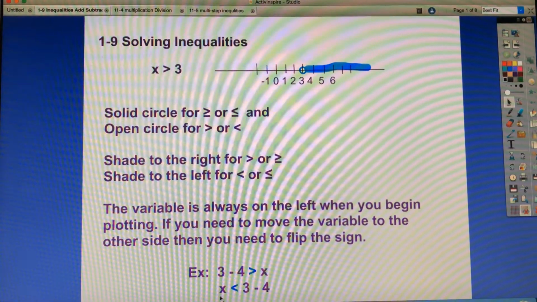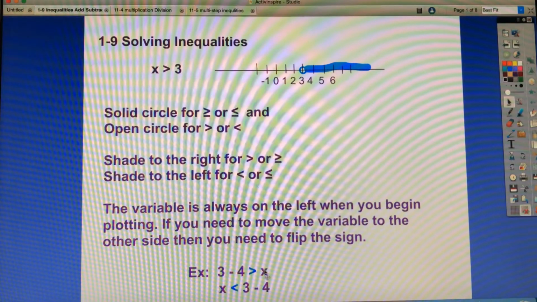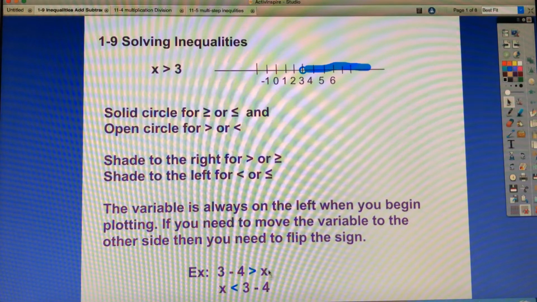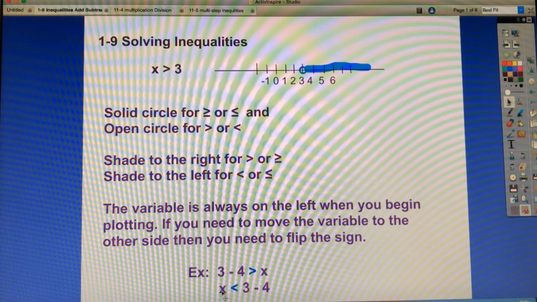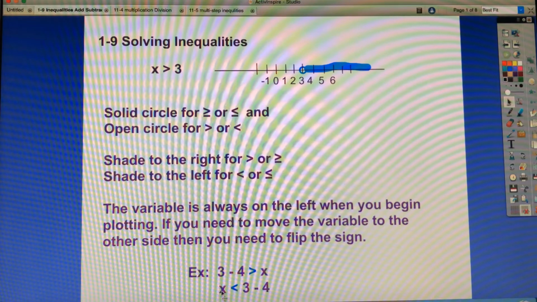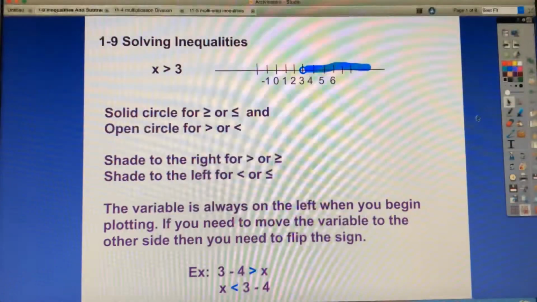I want it on the left. So if I want to move it to the left, I have to take the sign with me. Notice the arrow is pointing at the x. I need it to still point at the x. This is actually the same. This right here says x is less than 3 minus 4. Remember, wherever the arrow is pointing is the less than value.